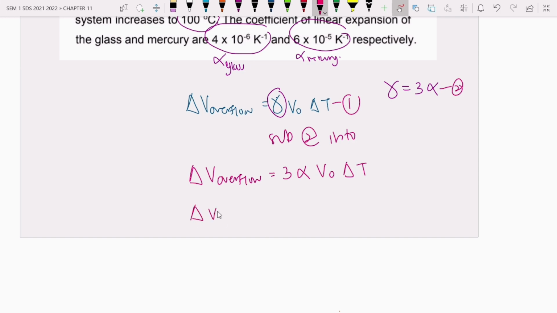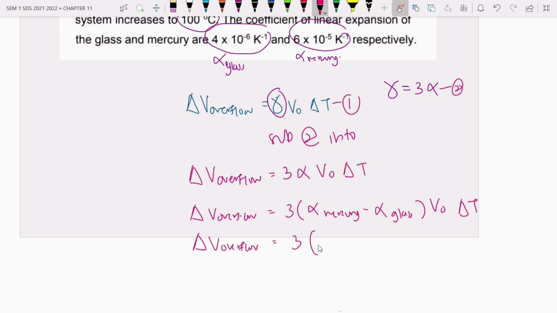And the coefficient of linear expansion is going to be the coefficient of linear expansion of mercury minus that of glass, times the initial volume times the temperature difference.